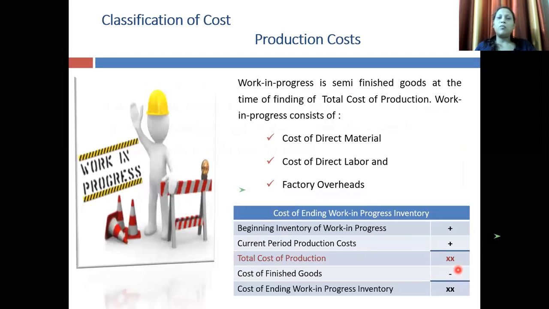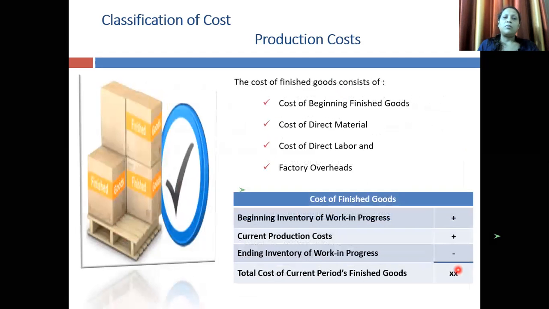So production cost, work in progress is semi-finished goods at the time of finding the total cost of production. Work in progress consists of cost of direct material, cost of direct labor, and factory overheads. The cost of finished goods consists of cost of beginning finished goods, cost of direct material, cost of direct labor, and factory overhead.